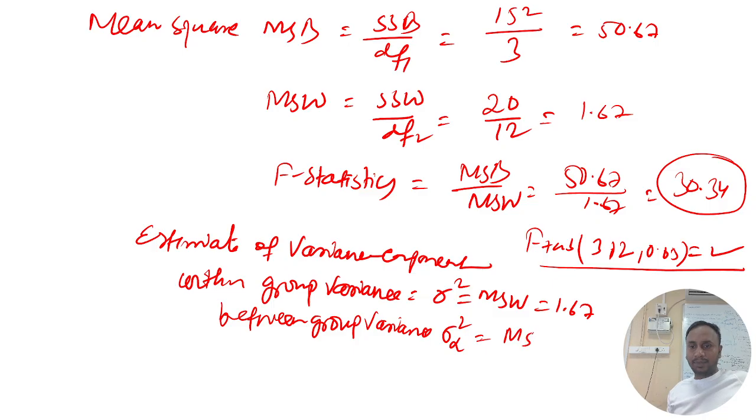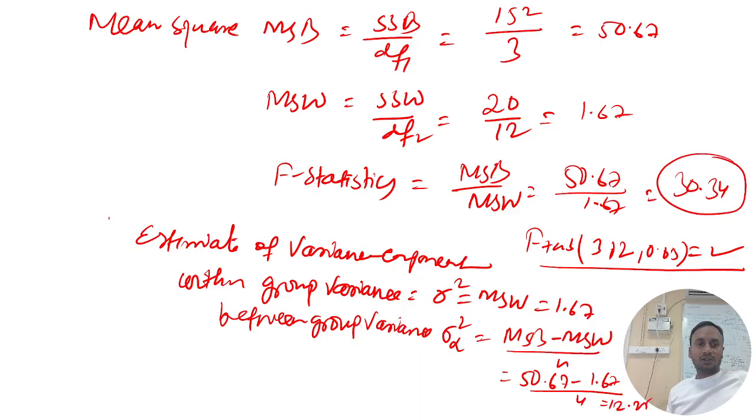It will become MSB minus MSW upon number of groups. How much is it? 50.67 minus 1.67 by 4. How much will it come? 12.25. Okay. So this we got, the estimate of variance.